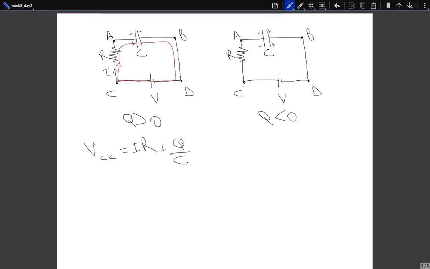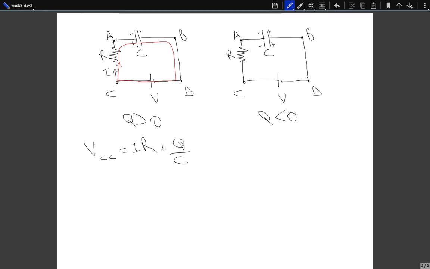If this were my configuration at some time, then from the point A to point B there is a potential increase. But an increase in potential is just a negative decrease in the potential. If Q is negative, Q over C is already negative. So this plus Q over C is correct whichever configuration of charges I have.